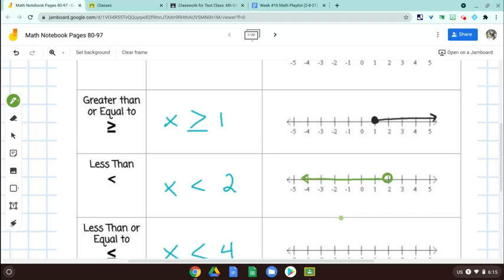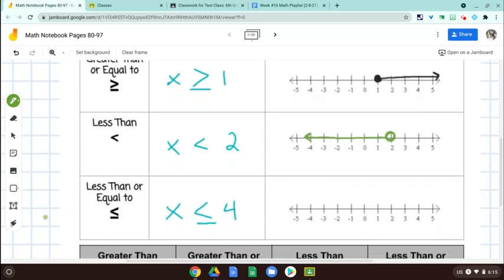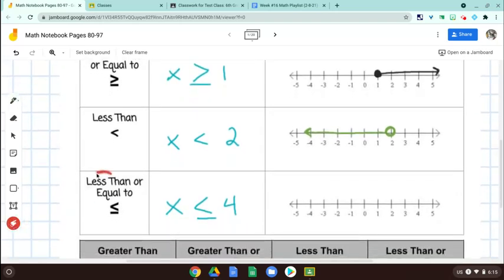And then likewise, we have our next example here. Less than or equal to. And here's our symbol. Same as greater than or equal to, but the inequality symbol has flipped. And then we also have the half of the equal sign underneath. So less than or equal to. And in this example, we have x is less than or equal to 4.